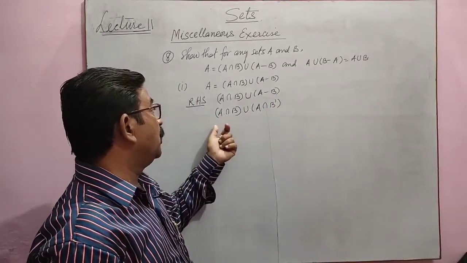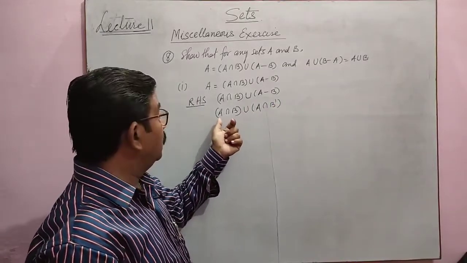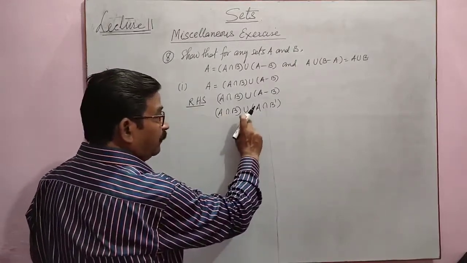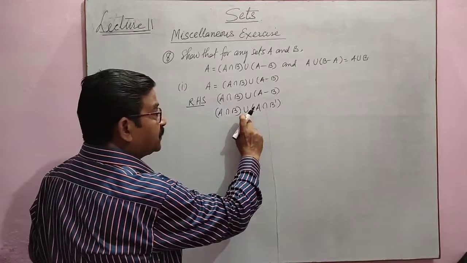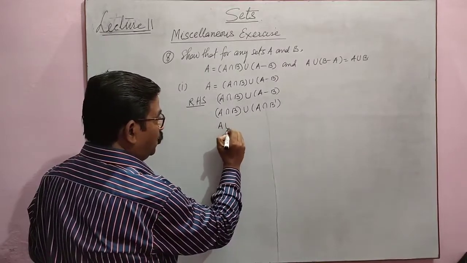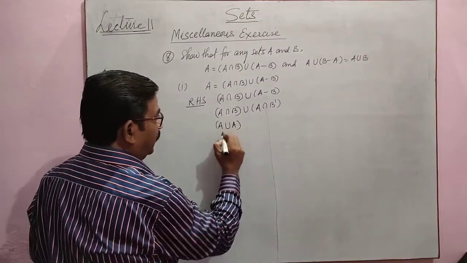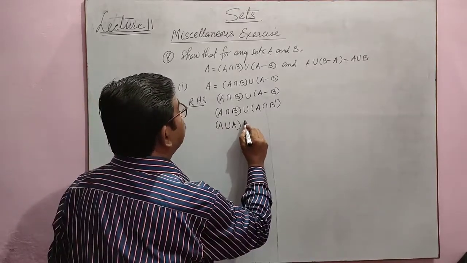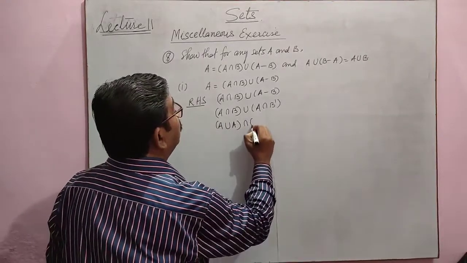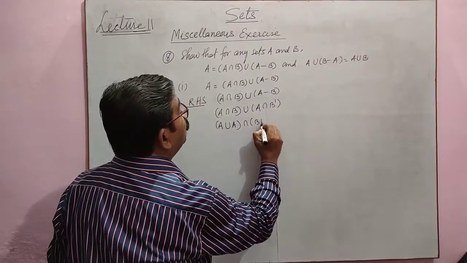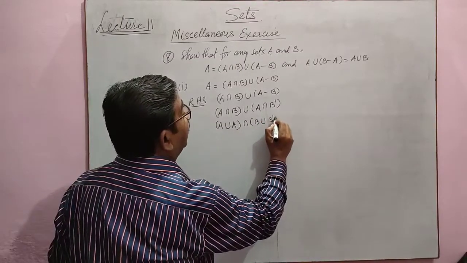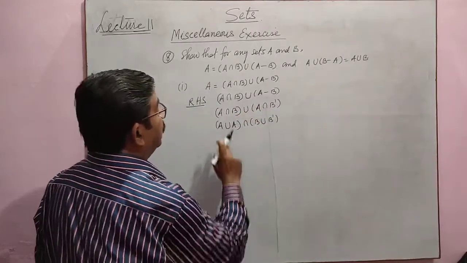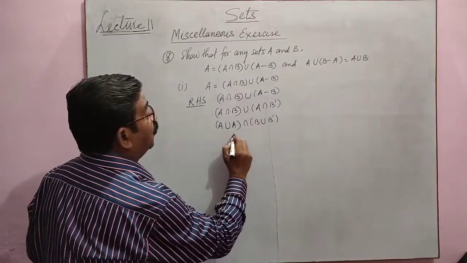Now we are going to apply distributive property. See, we take this common sign, A union A, and intersection B union B dash. A union A is what?